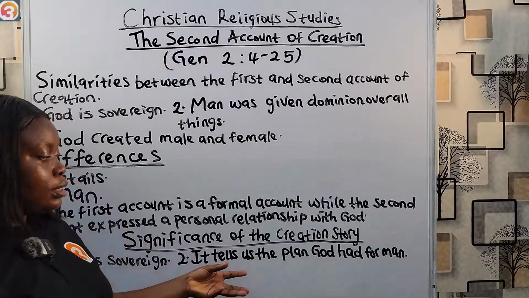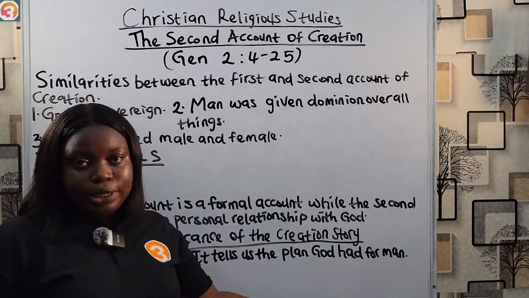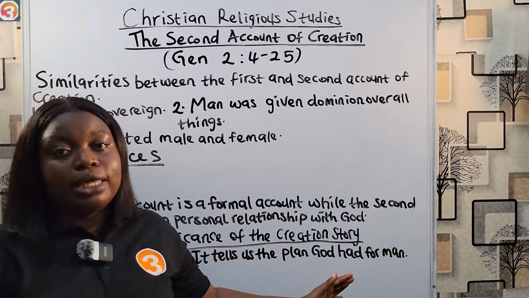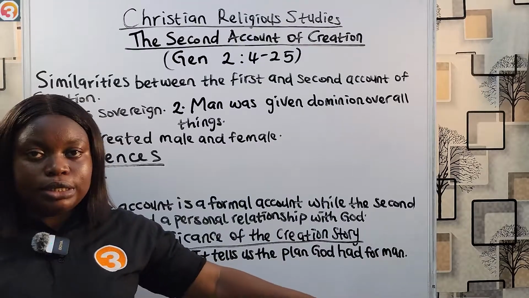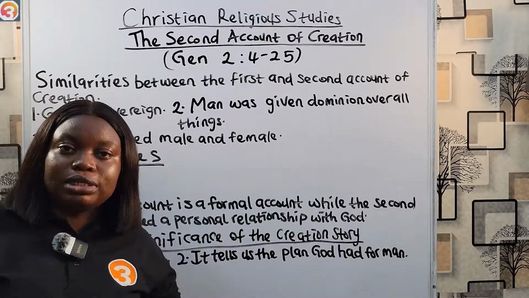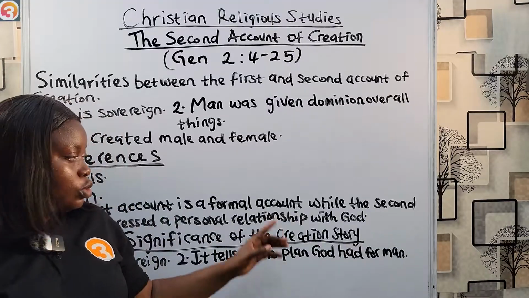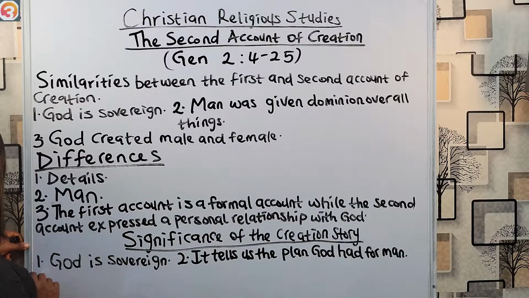So it tells us that the plan God had for man was continuity, let's put it that way. God wanted man to continue from where he had stopped, take over and oversee, have dominion over everything that was created, and even continue in the creative process. So the creation story tells us the plan God had for man, and then it also serves as foundation for Christians.